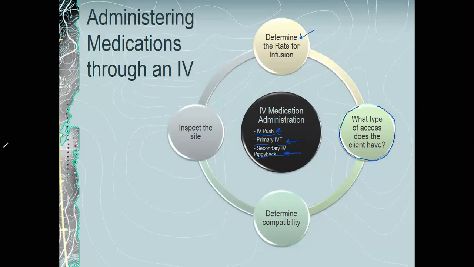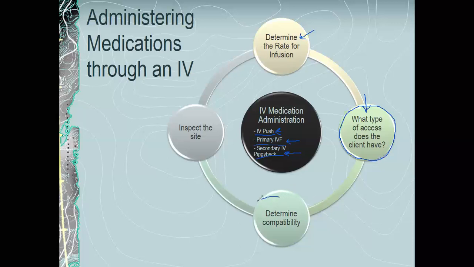And if you do, then you could run multiple things all at the same time. Also, with some medications, you'll see when we talk about potassium, some things you could run faster if it's in a central catheter, but if it's in a peripheral IV catheter, then it has to run slower. So you'll see that also.